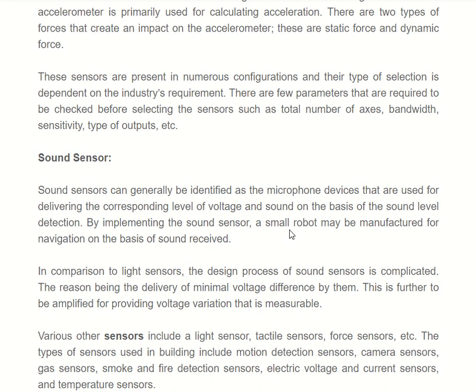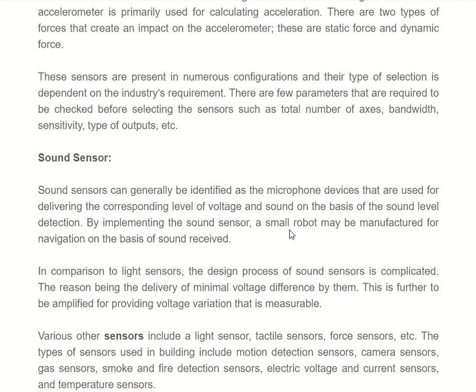Now, in comparison to light sensors, the design process of the sound sensor is more complicated, because the delivery of minimum voltage will be different, right? So this can be further amplified for providing voltage variation that is measurable.